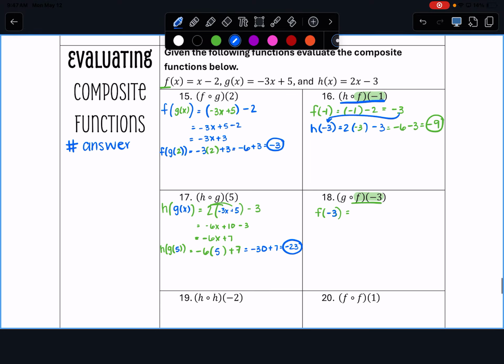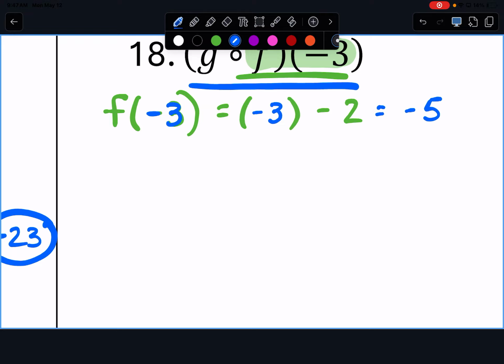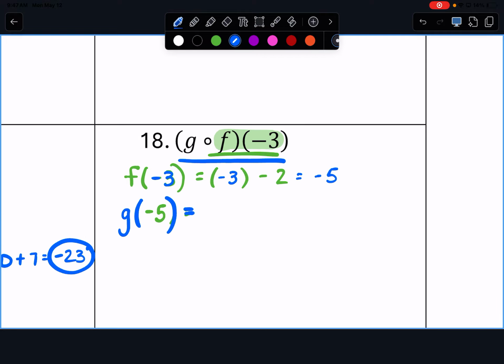So I'm going to take my f function, which is x minus 2. So I'm going to have x minus 2, and I'm going to plug in negative 3. So I get negative 5. Then I'm going to do the whole thing again. So now I'm going to do g of negative 5. So I'm going to plug in to g with what I found from f.